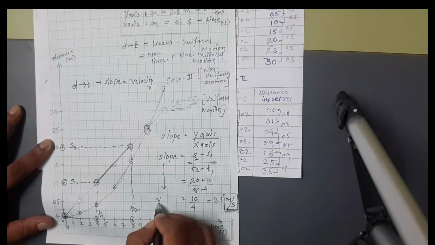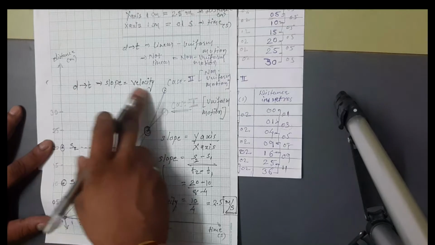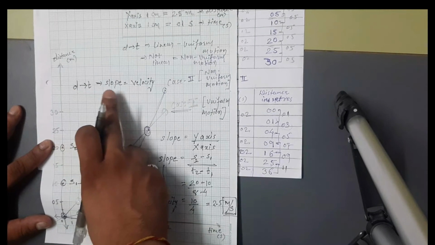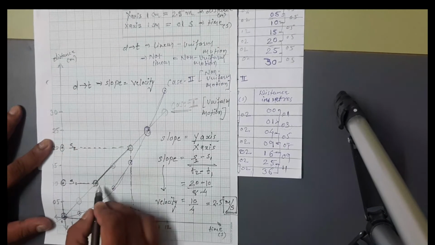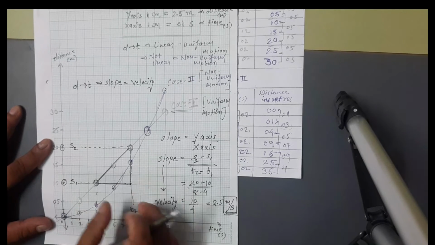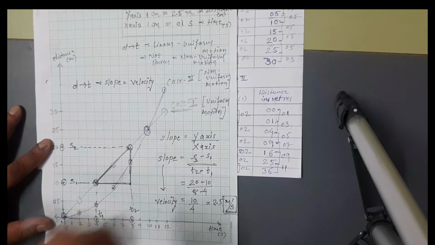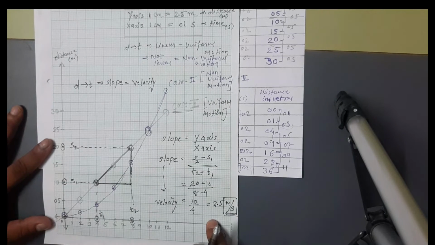It will be our velocity. So this is also important, that in a graph of distance against time, the value of this slope will give us velocity.